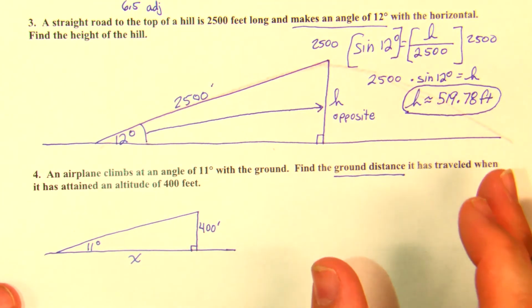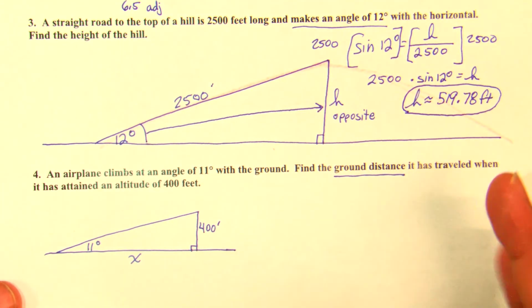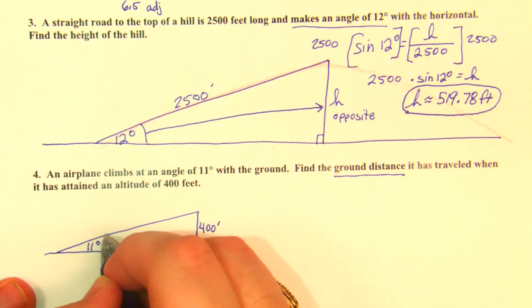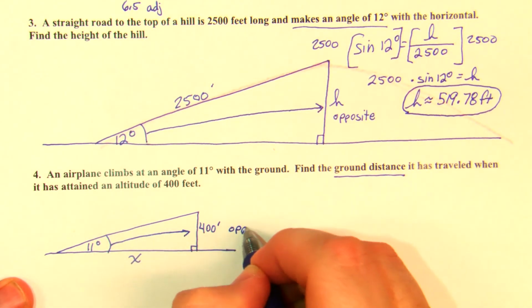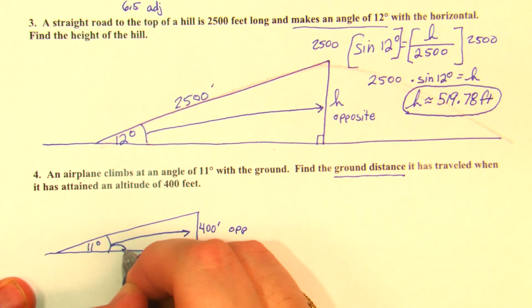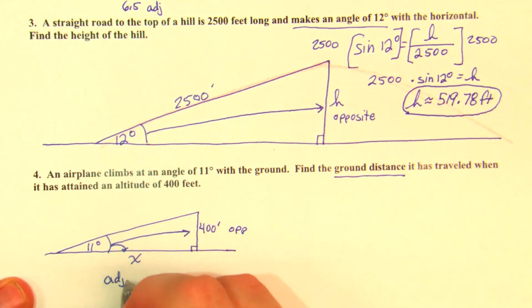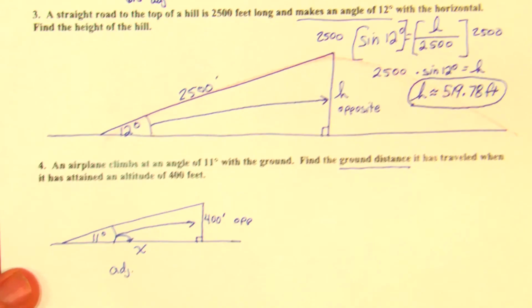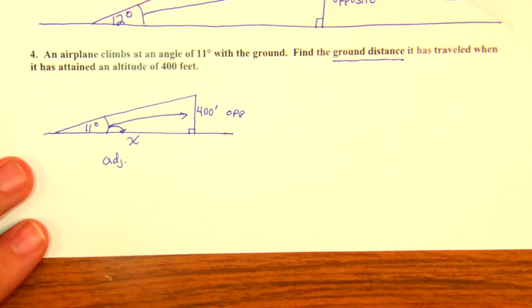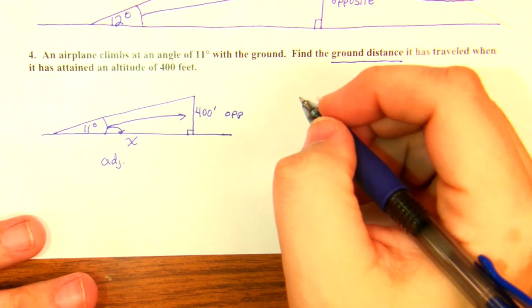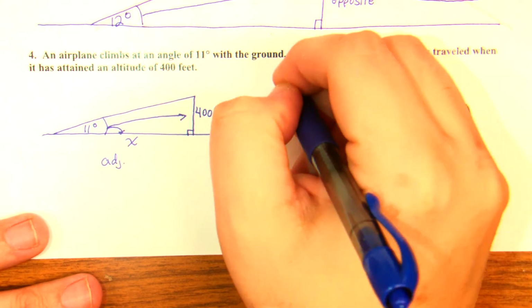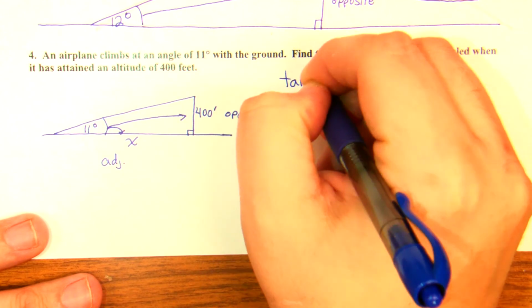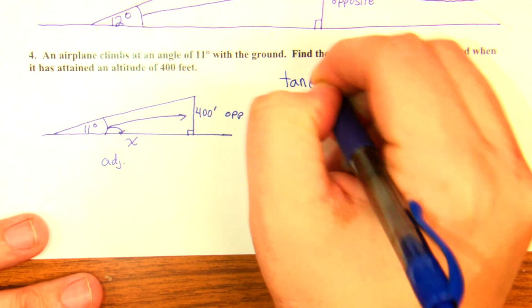So now, I have an opposite side. I have an adjacent side. So in this case, I need the tangent. The tangent of whatever the angle is going to be the opposite over the adjacent.